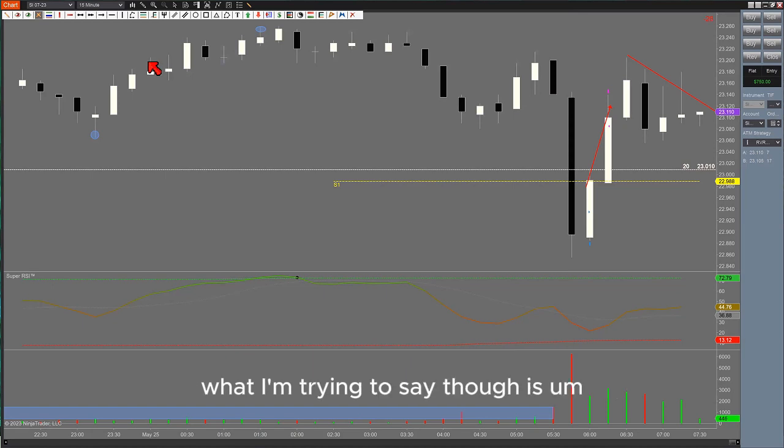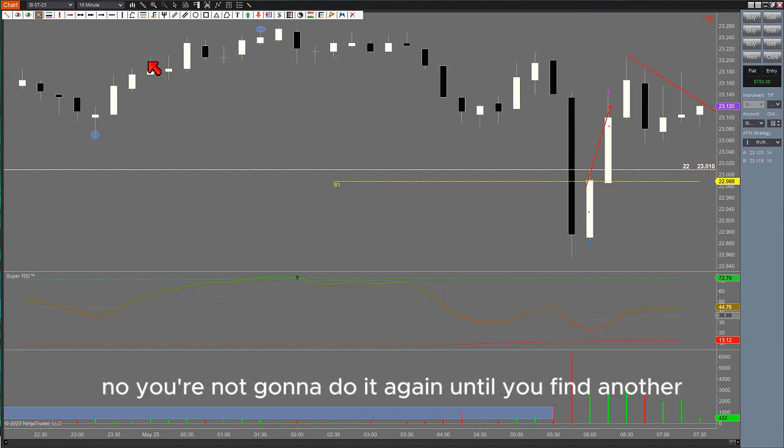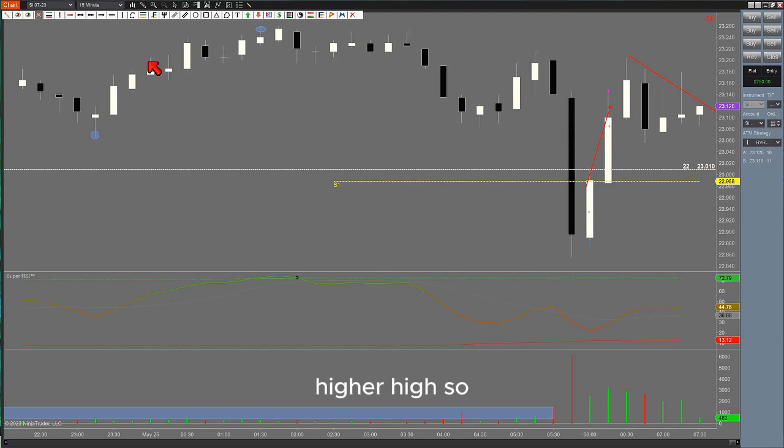What I'm trying to say though is, if you would have taken the trade there where your arrow is, and then you got stopped out, and then the next candle over to the right you would have taken and got stopped out, and the next candle to the right. No. You're not going to do it again until you find another higher high.